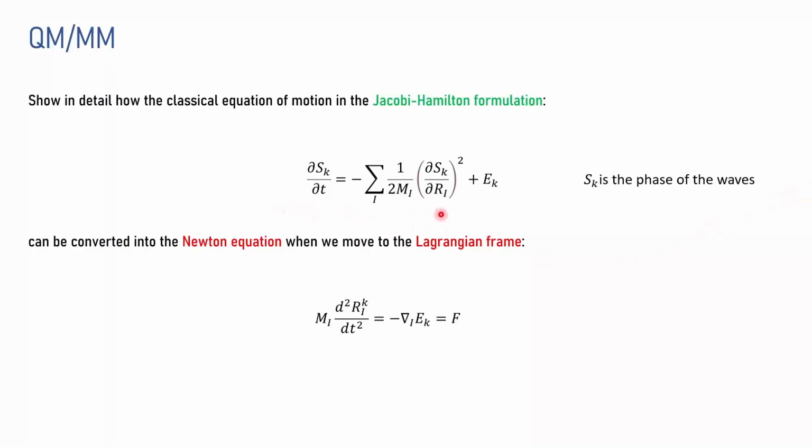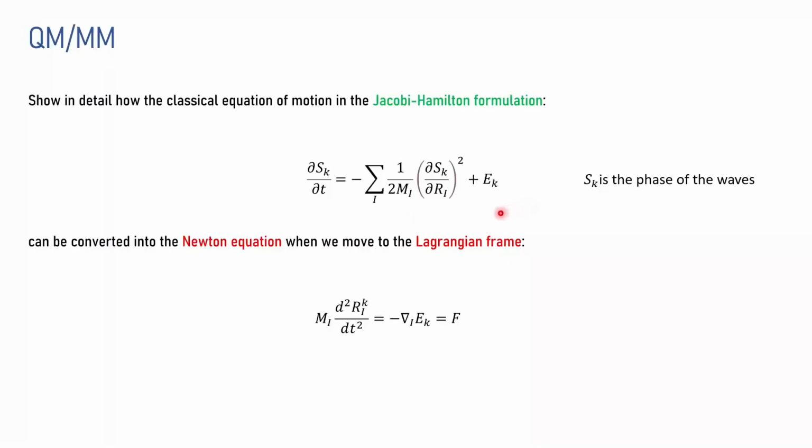First of all, this is the Jacobi-Hamiltonian formulation. Here we have Sk, which is the phase of the nuclear wave function, and we take the partial derivative of this Sk with respect to time, which is equal to the sum over all the nuclei we have of 1 over 2mi, the mass of the nuclei, times the partial derivative of Sk with respect to Ri squared, plus Ek.